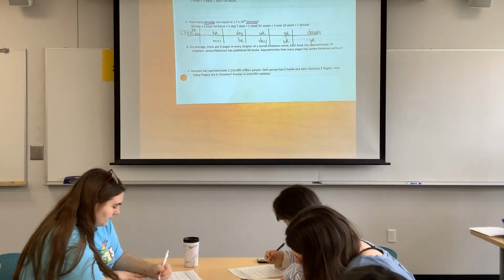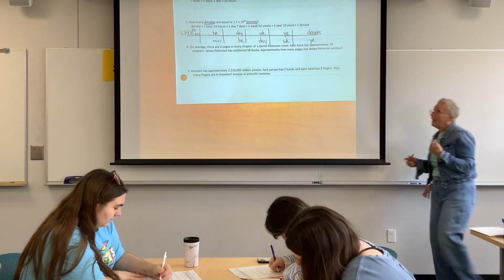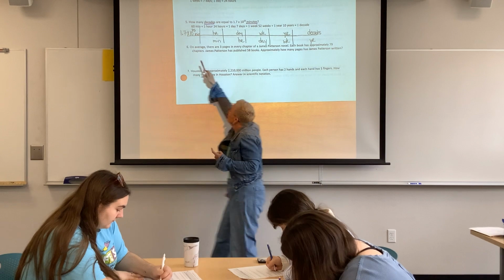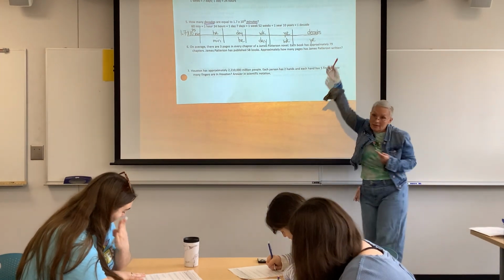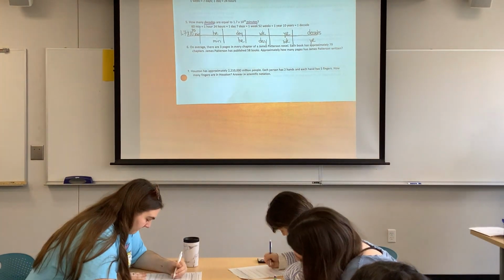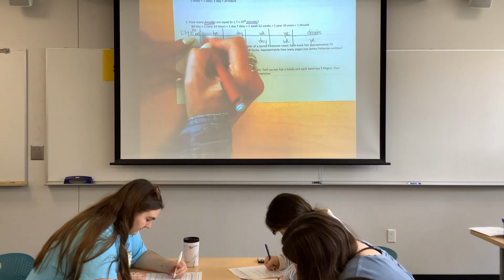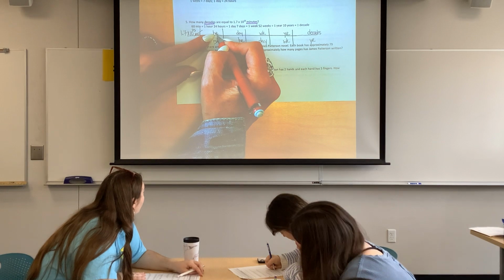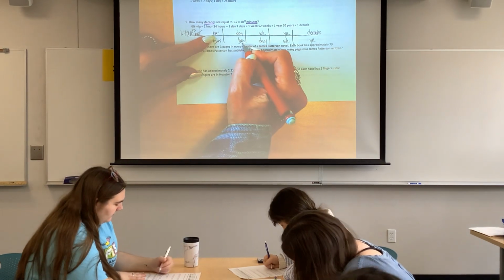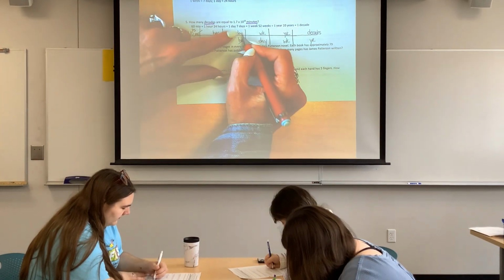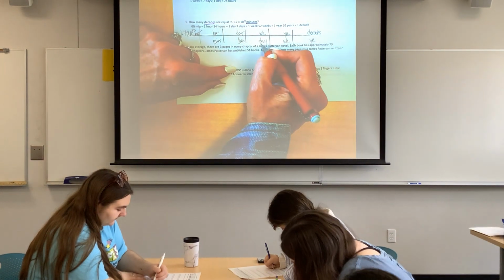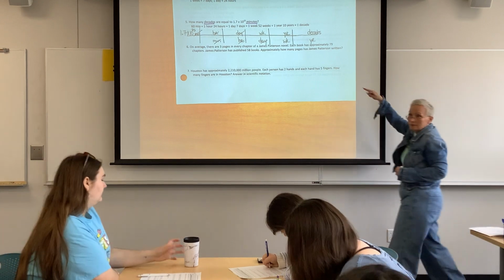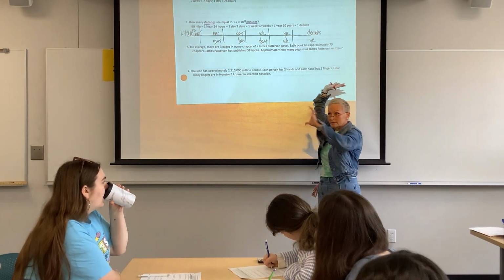So your first step is to make your path of how you're going to get from what you have, minutes, to what you need, decades. And as you go along your path, look here. Minutes have to cancel, so it goes to the bottom. My new unit is hours. Hours has to cancel, so it goes to the bottom of the next one. Now I'm in days. Notice that there is a top and a bottom, all the way across, so I can keep those balanced.